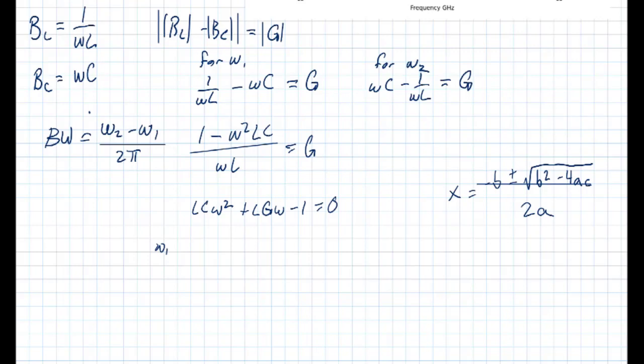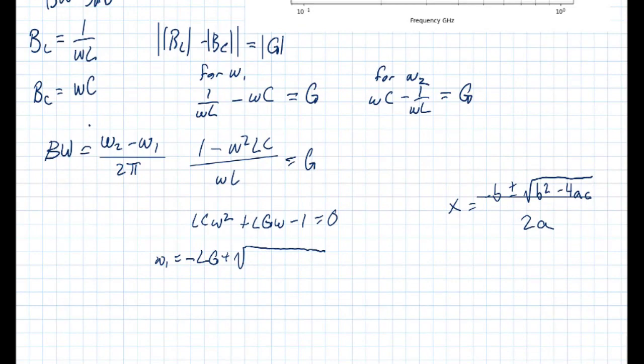So minus b, so we get minus LG plus the square root of b squared. So that's LG squared minus 4a, and c is minus 1. And that's all over 2a, 2LC.